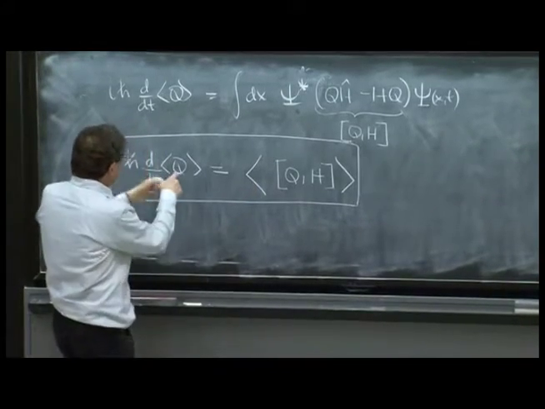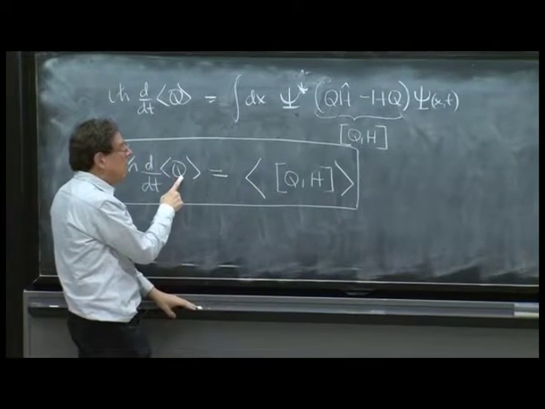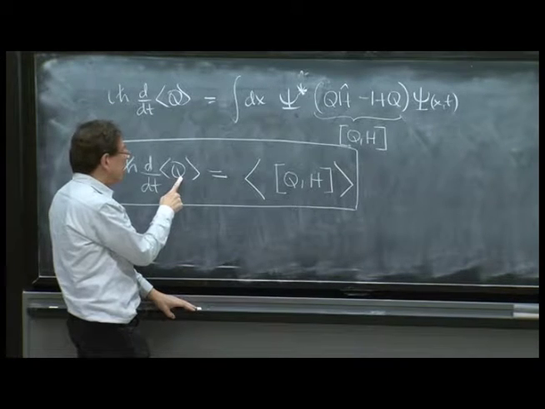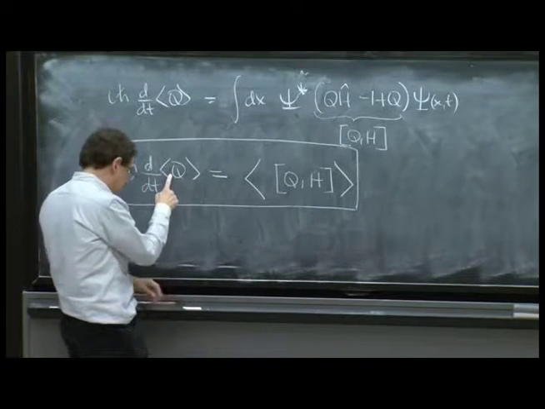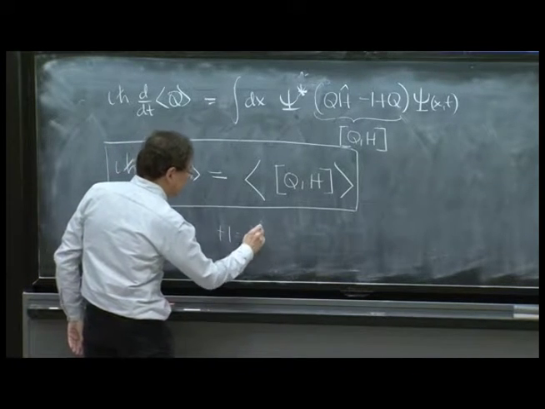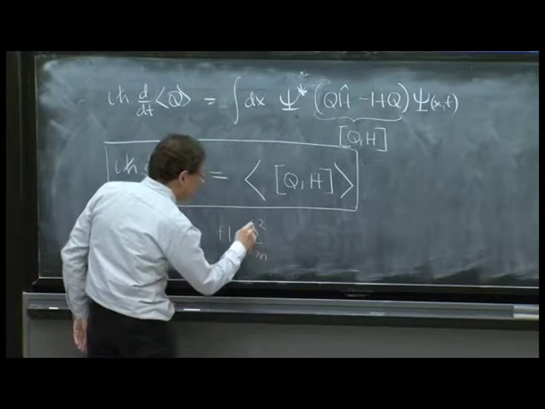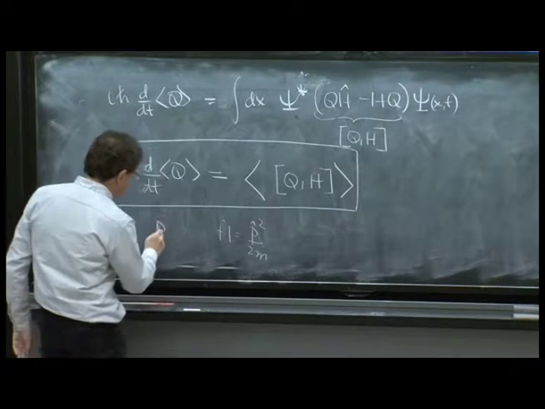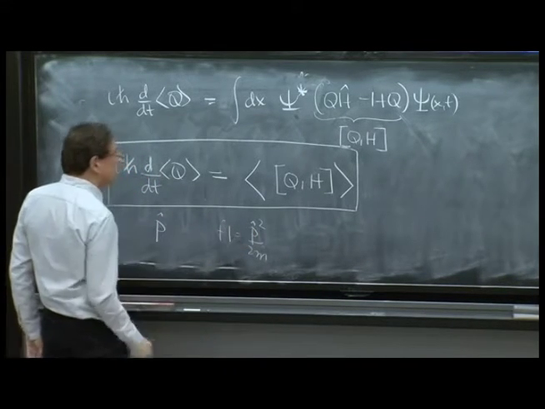So if some quantity commutes with a Hamiltonian, its expectation value will not change in time. If you have the Hamiltonian, say, of a free particle, well, the momentum commutes with this.